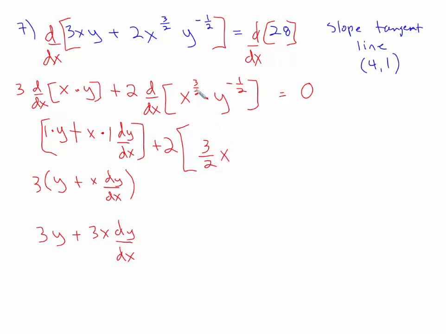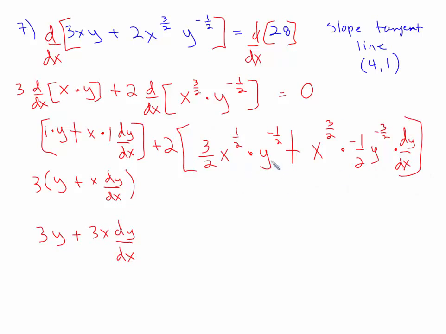Minus 1, so 1.5 minus 1 will leave you with a half, times our second function, plus our first function times the derivative of the second. So we have a general power rule here: negative 1/2 y to the negative 3/2, right? And then since we took the derivative with respect to x of something with y, we're going to need the dy dx. Don't forget that.